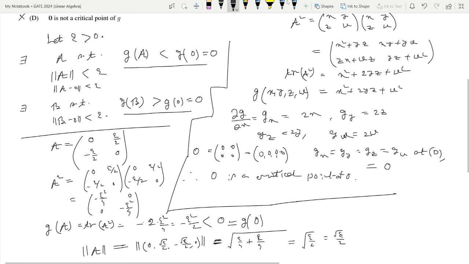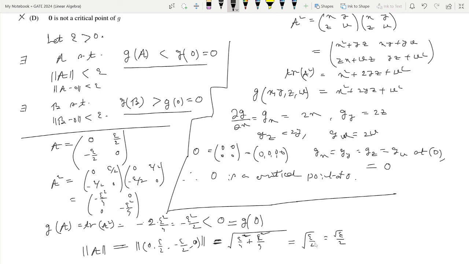And here when we are calculating norm A, then this will be epsilon by 2 comma minus epsilon by 2 comma 0. So this will be epsilon square by 4 plus epsilon square by 4.